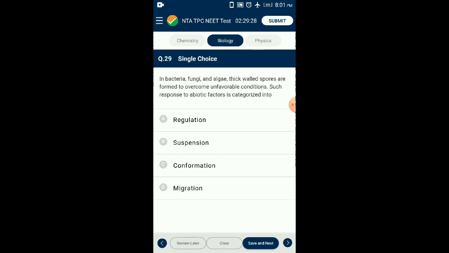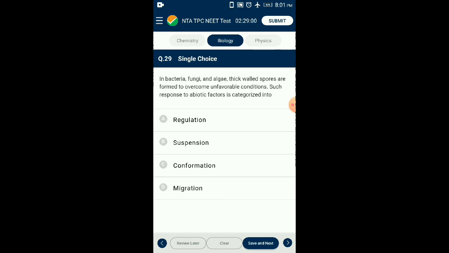Question number 29. In bacteria, fungi, and algae, thick walled spores are formed to overcome unfavorable conditions. Such response to abiotic factors is categorized into, it is the stage in the life cycle where an organism changes its developmental, physiological, structural, and biochemical behavior to pass through unfavorable conditions.